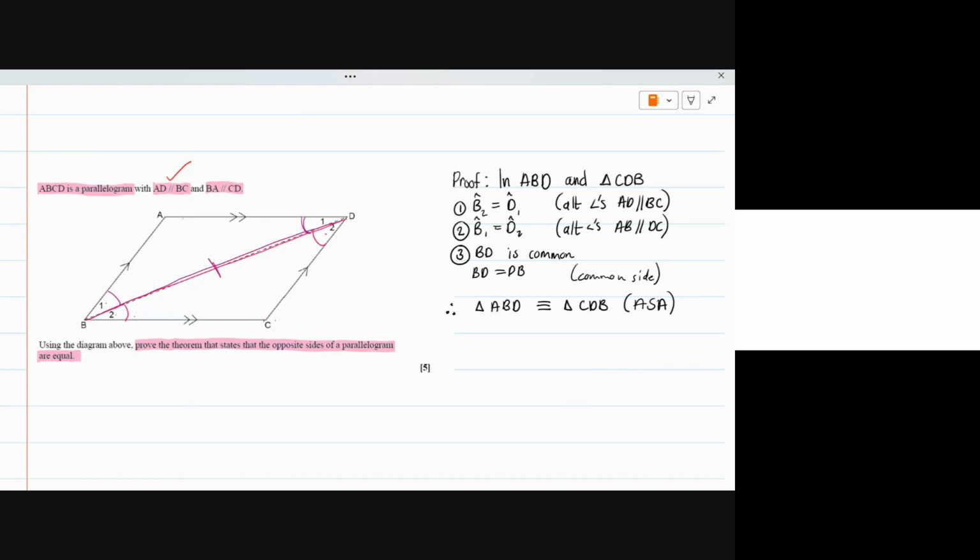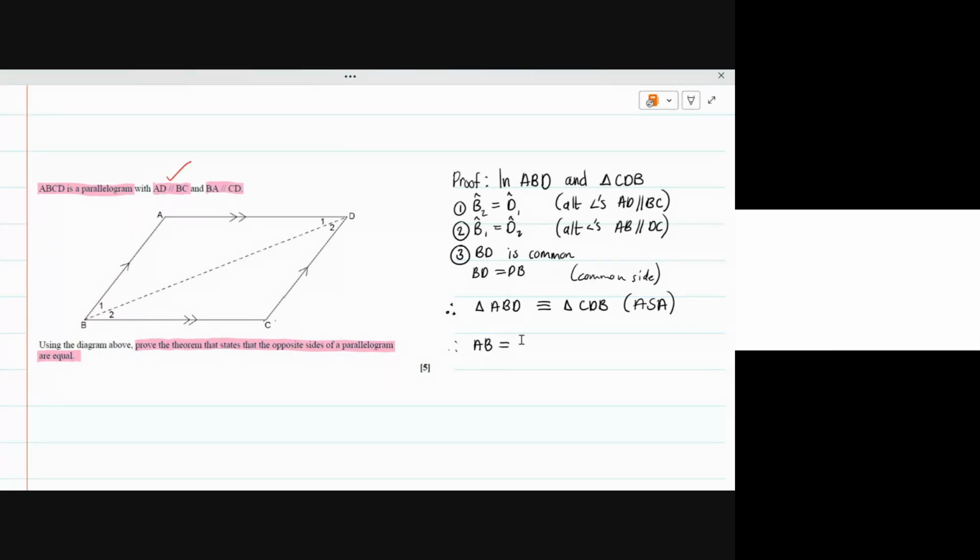All right. Now that we've proven congruence, that means our sides will have to be equal because that's what congruence means. It means that the 2 triangles are identical. So I can then go in and say, therefore, AB is equal to, what side is AB equal to? To DC.